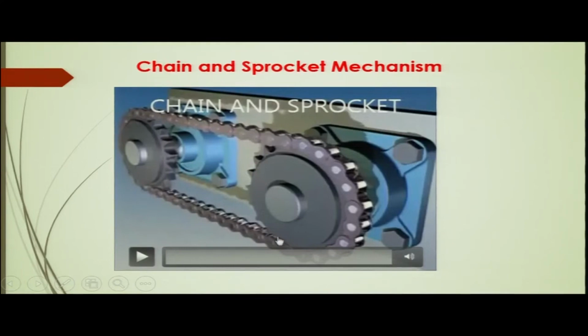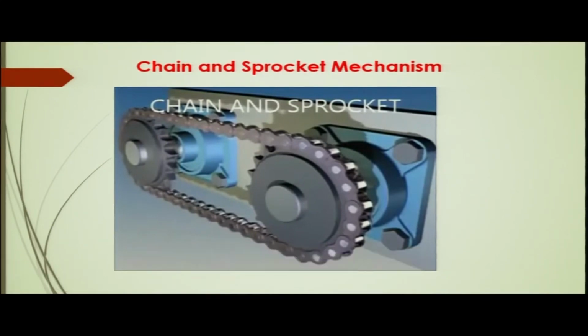This must be familiar to all of you, because it is popularly used in the bicycle. In the bicycle you are pedaling, and the pedal is connected to this shaft, which is considered the input shaft, and the power that you apply to the input shaft is transmitted to the output shaft through the chain.